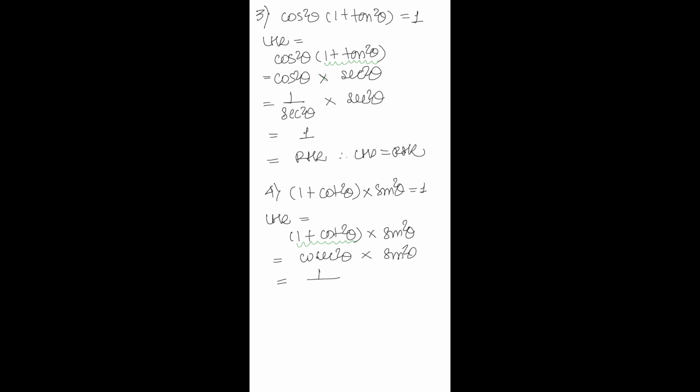Cosec theta is 1 upon sine theta, so cosec square theta is 1 upon sine square theta into sine square theta. And then sine square theta cancels out. We are left with 1, which is equal to RHS, and therefore LHS is equal to RHS. And we are done. Simple.